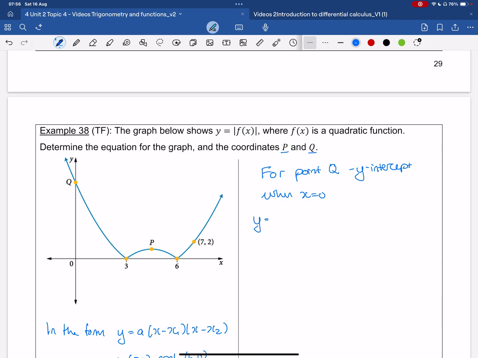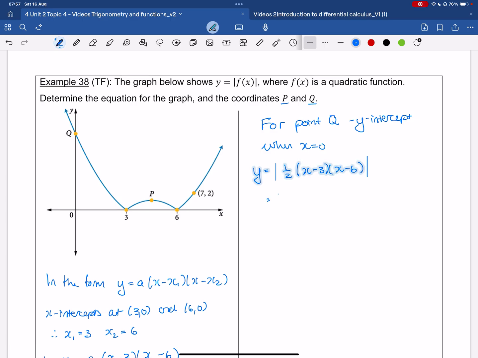So my function is y is the absolute value of a half (x minus 3)(x minus 6), and I'm going to put x equals 0 in there. So it's the absolute value of a half times negative 3 times negative 6. And 3 sixes are 18, divided by 2 is the absolute value of 9, which is just 9. So my point Q is going to be at (0, 9).